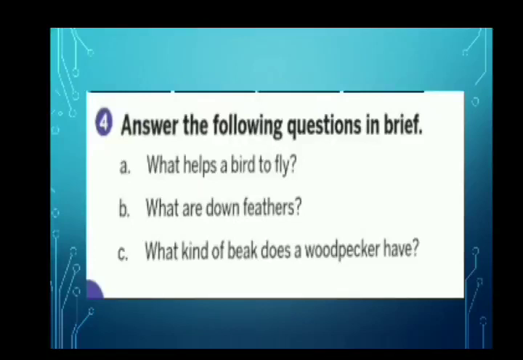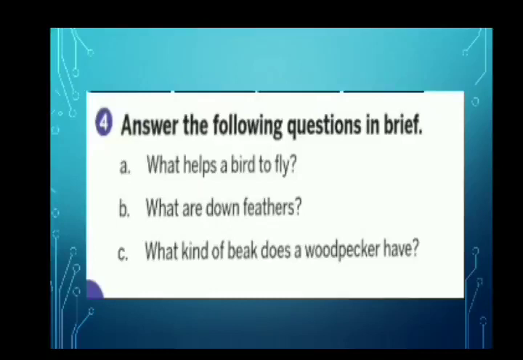Now, out of these various features, as this particular question is a brief answer question, we are going to write any 2 points for this answer. We know that the boat shape of the bird, the wings they have, and the flight feathers help them to fly in the sky.